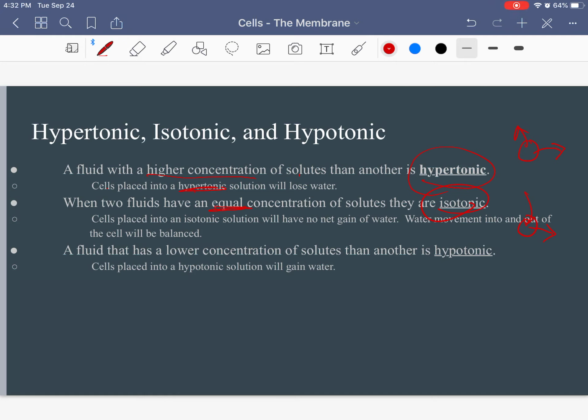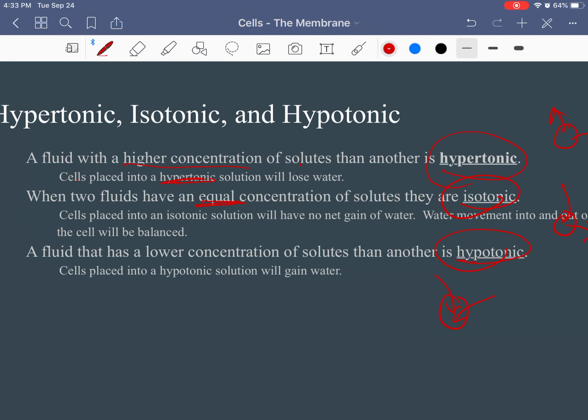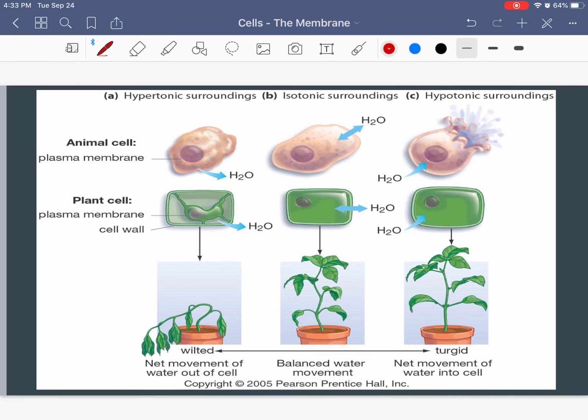If I put a cell in a fluid that is hypotonic, there's a low concentration, all the water is going to go into the cell. And this is the case where you might have a cell rupture or break. Plants like to be hypotonic. Animal cells, if they're hypotonic, they may break.